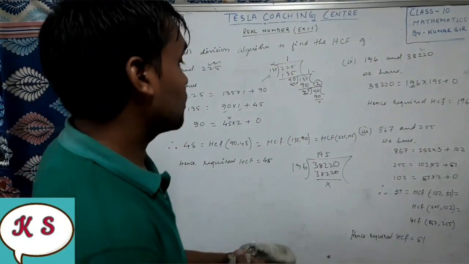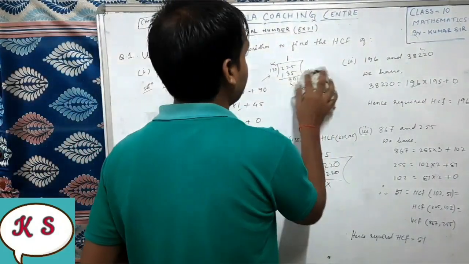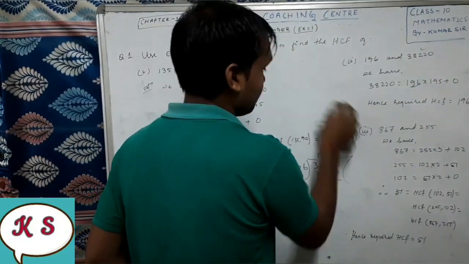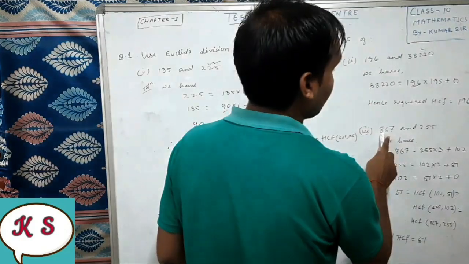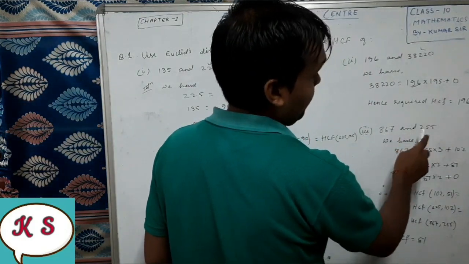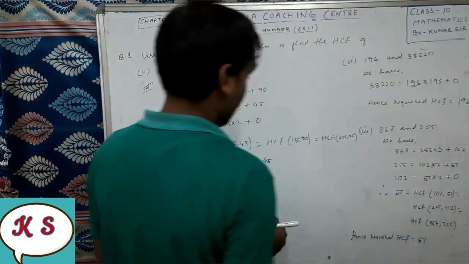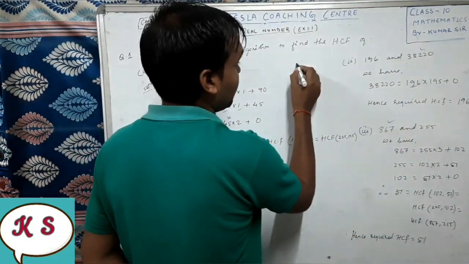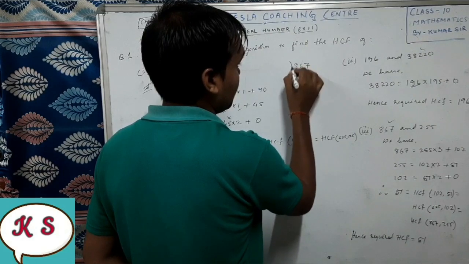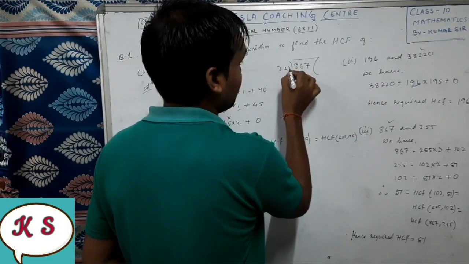Now moving on to the third question. Here they are telling us to find the HCF of 867 and 225. The bigger number is 867, so we'll write 867 divided by 225.